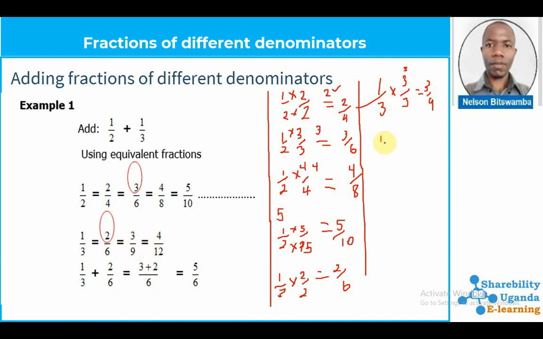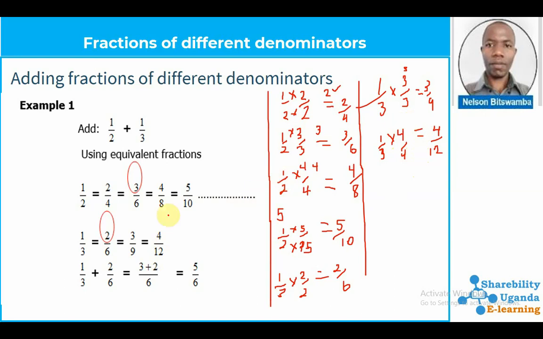Also, let's try another number, which is a 4. This is 4 out of 4 times 3, so we shall come up with 4 out of 12. 12 is from 3 times 4. So we get our equivalent fractions, corresponding with this one.